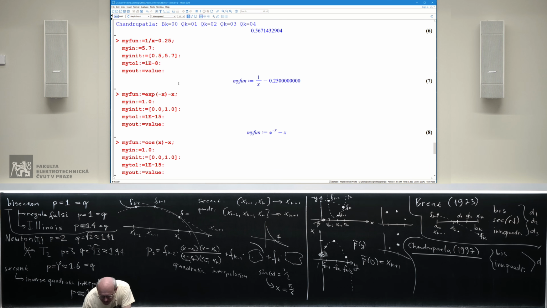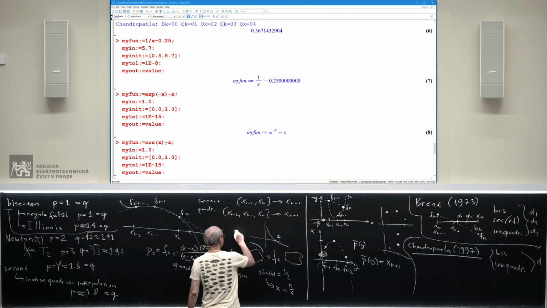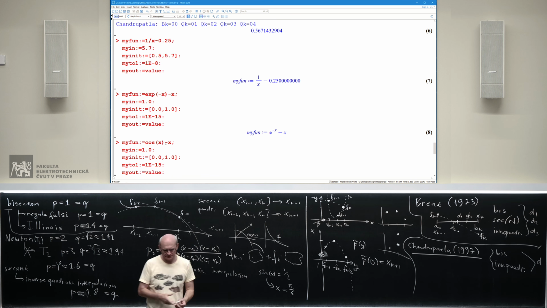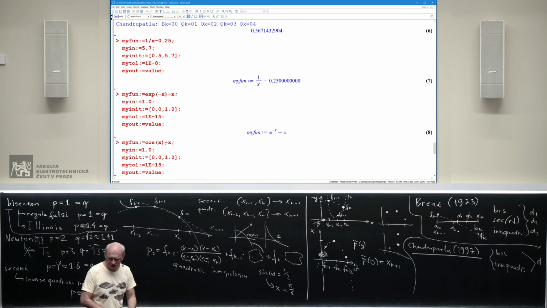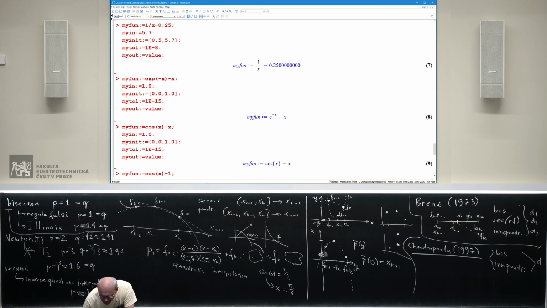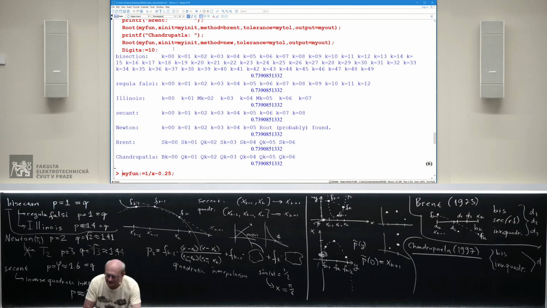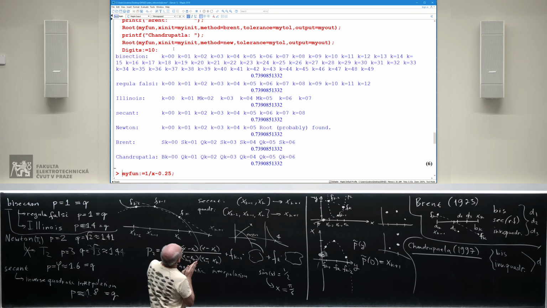Let's see whether it can last through some other examples. Cosine x minus x, that's a nice thing. So we're really looking at the intersection between cosine and x, the diagonal. These are nice functions, so we do not expect any trouble. I will load the data and run it. Okay, bisection slowest, regula falsi faster, Illinois still faster.